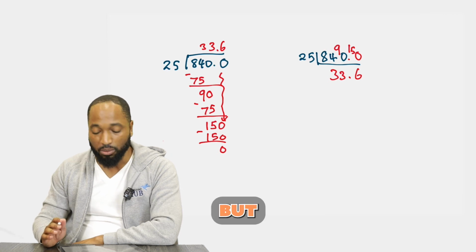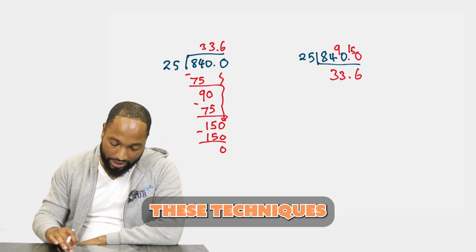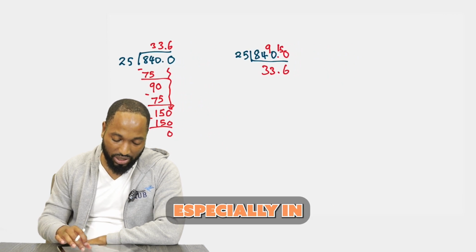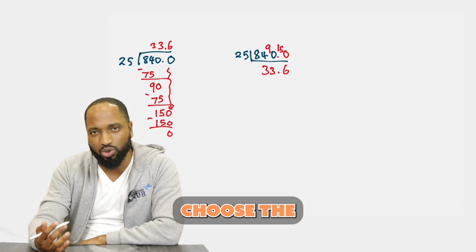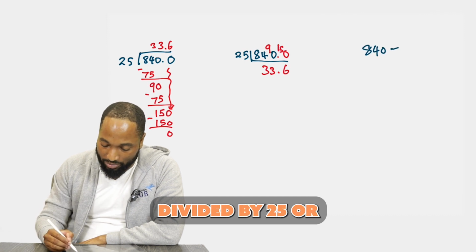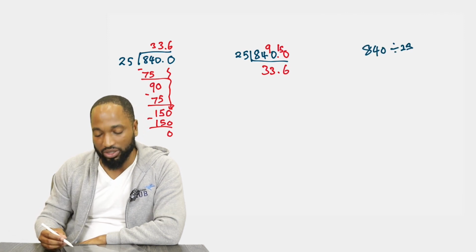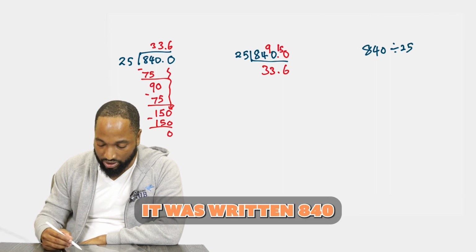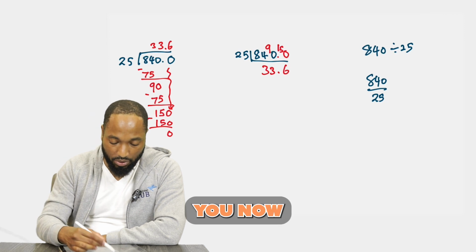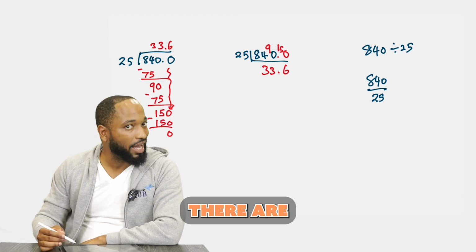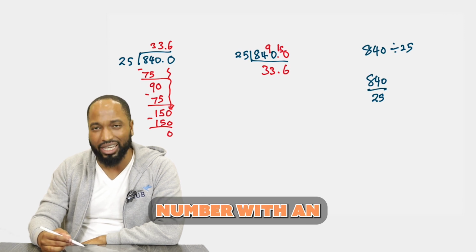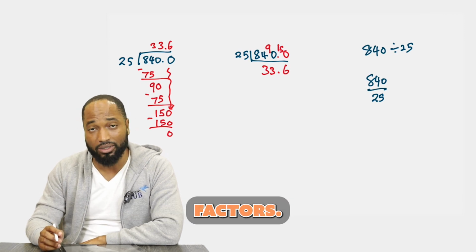Short division. Well, what is the problem with all of these techniques that we are using here? Before you divide anything, especially in exams, you want to choose the fastest route. So if you see 840 divided by 25, or it was written in another way, 840 over 25, it's up to you now to see that there are common factors. 840 is a number with an extremely high amount of common factors.